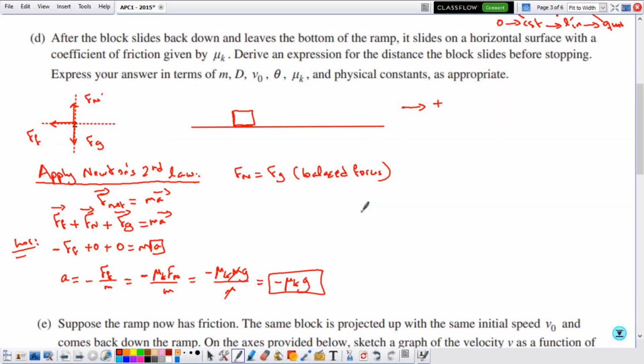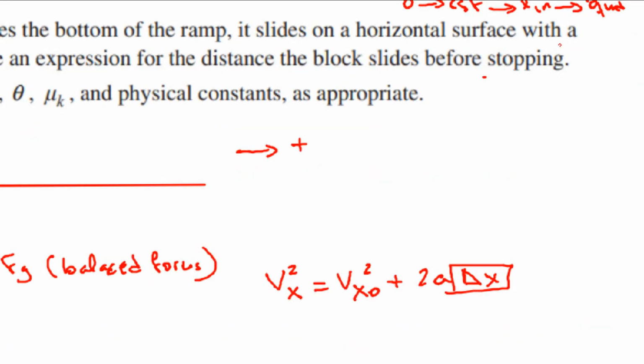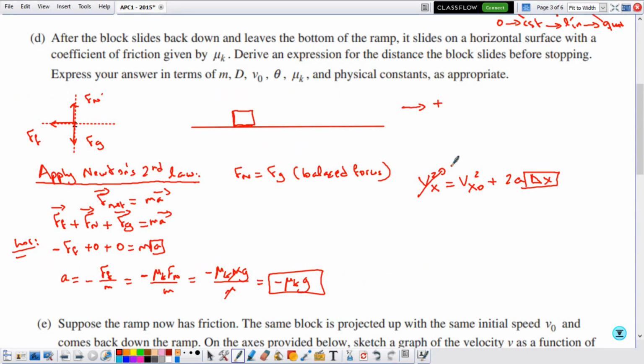Then we know that the type of motion is uniformly varied motion, and we can use the equation vx squared is vx0 squared plus 2a delta x, and we're searching for the distance given by delta x. Now before stopping, the endpoint would be stopping, so the final velocity is 0. Now what about the initial velocity?